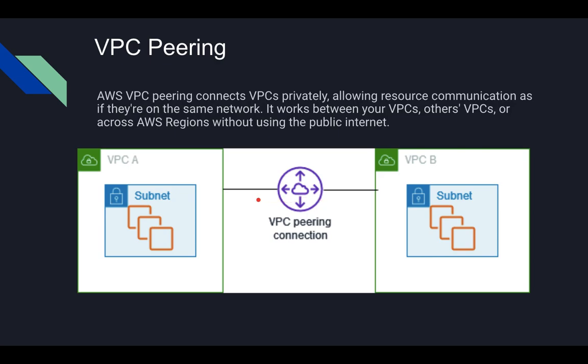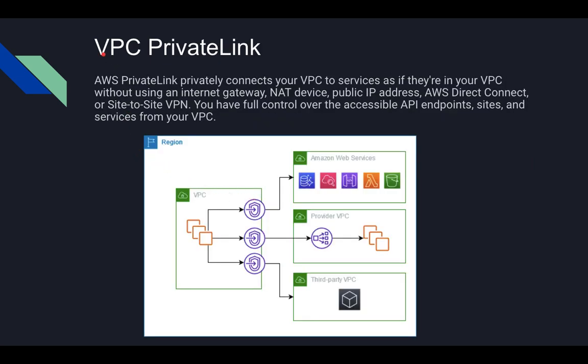There's another option called VPC PrivateLink. Let us say, for example, in a VPC you launched an EC2 instance, and if the EC2 instance wants to communicate to an S3 bucket, it usually communicates via the internet using the REST APIs of AWS.